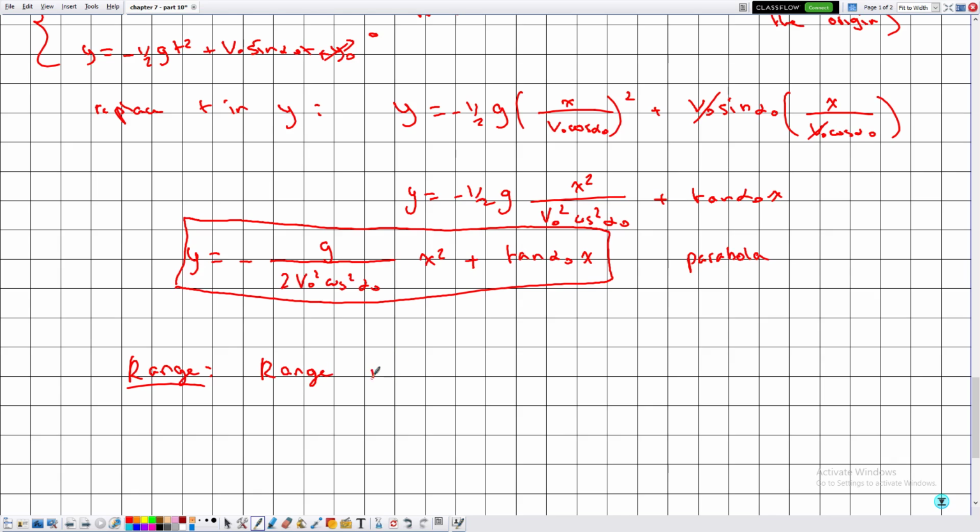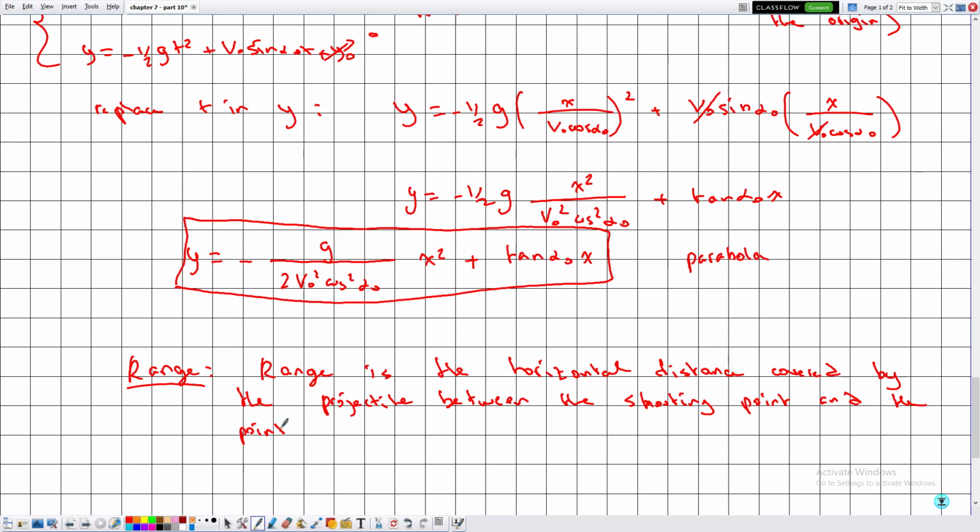Range is the horizontal distance covered by the projectile between the shooting point and the point of intersection with the horizontal line passing through the shooting point.